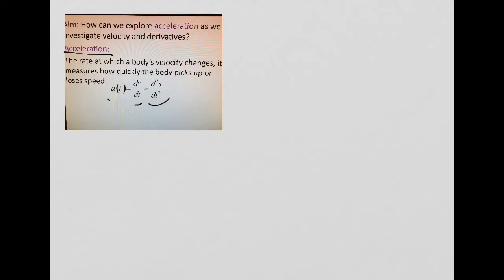So again, I'm going to give you a second to write this down and what else is being said here. The rate at which a body's velocity changes and measures how quickly the body picks up or loses speed. That's acceleration, okay? And so again, that's our second derivative.